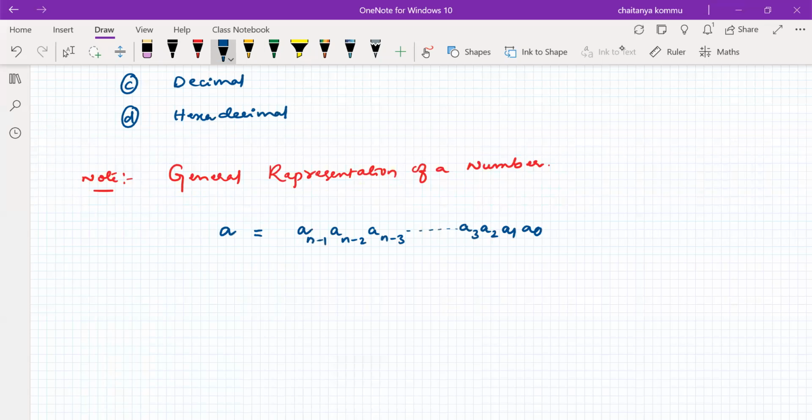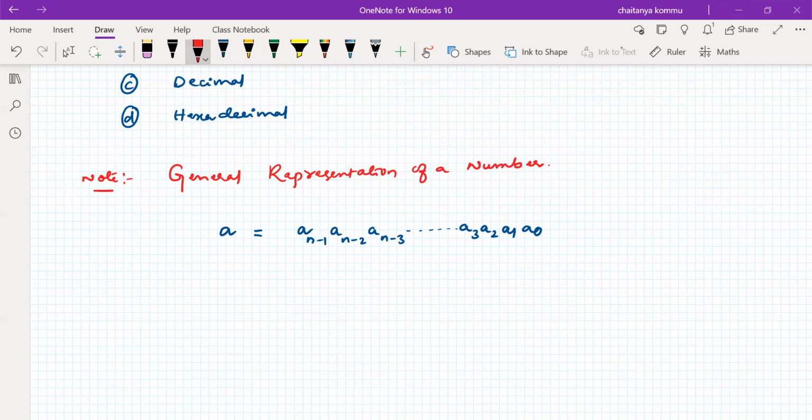These are all the coefficients. If you give a value to a particular number, those coefficients are multiplied with their weights. I will tell you about the weights also. So this is the general representation.